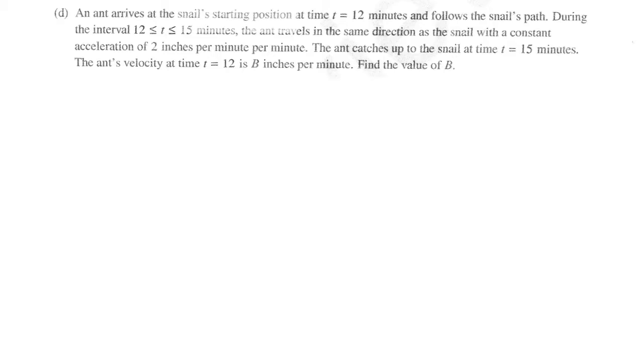And then we get to the very confusing part D. So now you have an ant who's going to basically start where the snail started, but start later and eventually catch up. So when they catch up, the snail and the ant have traveled the same distance. So what is the displacement of the ant? Well, in order to figure out the displacement, what do I know about the ant?